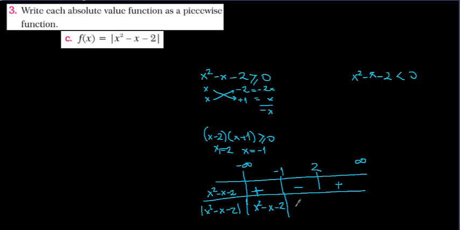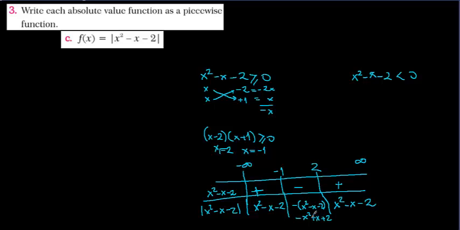There is no need to change. But when the number is in this interval, you should change the function. You should multiply by minus sign, minus of x squared minus x minus 2, and that's going to be equal to minus x squared plus x plus 2.